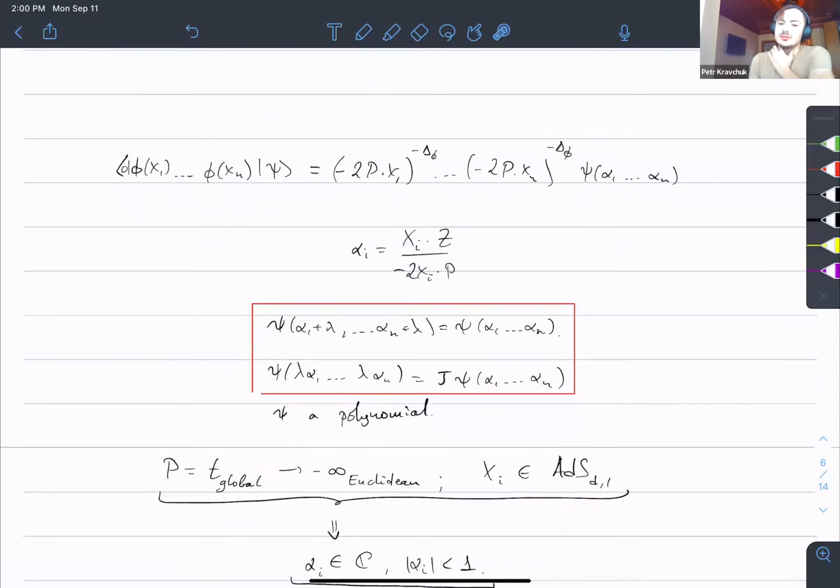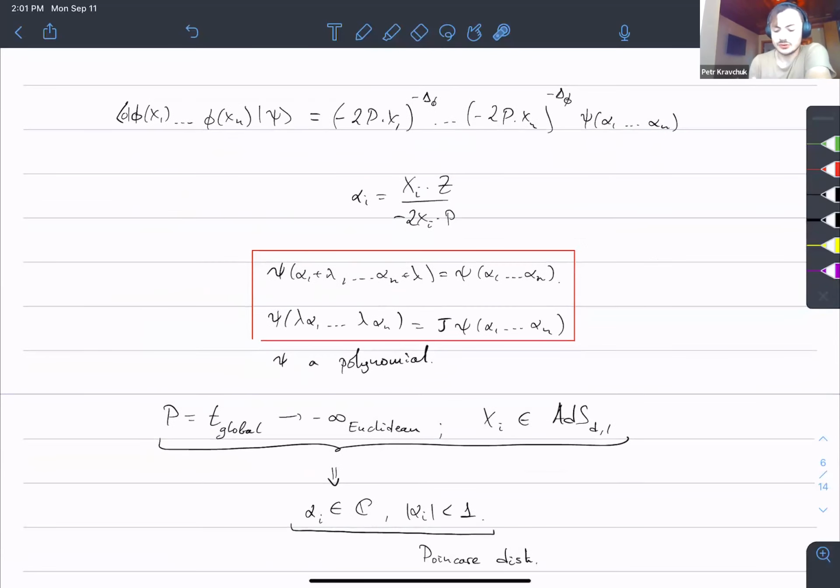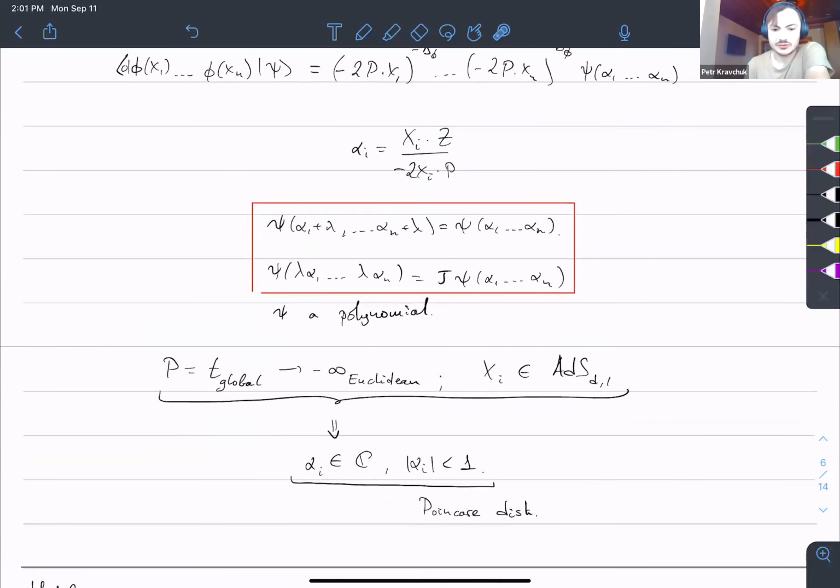Also, if you choose a nice configuration, the variables alpha i take general complex values within the unit disk. And as I'll explain in a second, we should really think about this unit disk as being a Poincare disk in the sense of the hyperbolic plane.